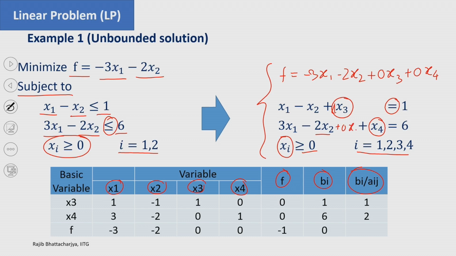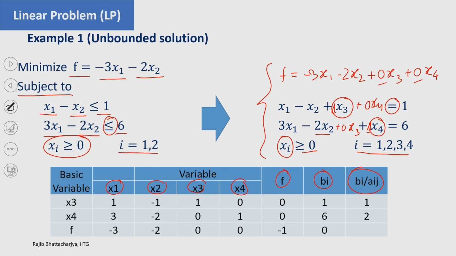Similarly, for x4 the coefficient is 0 in the first and 1 in the second, and in the objective function row the coefficients of x3 and x4 are 0.